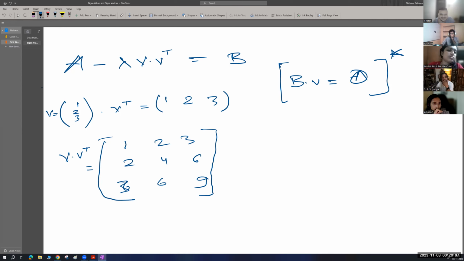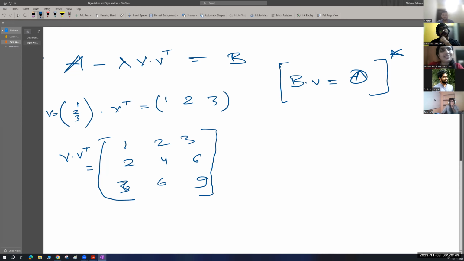For the sake of simplicity, assume always your matrix A is symmetric. Yeah, because A of V is just lambda V, right? And you're subtracting lambda V V transpose into V. You're multiplying this whole thing with V. V V transpose is this big matrix, but V transpose V is 1. Please note that they are orthonormal, not 1, 2, 3.